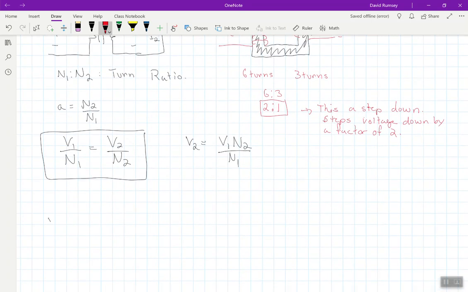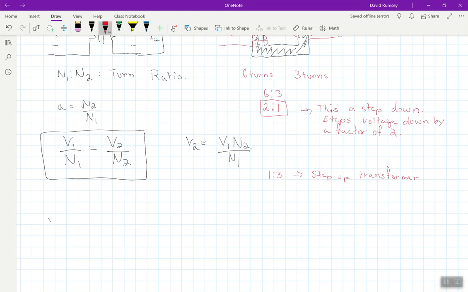Now, on the flip side, if we had something like a turn ratio of 1 to 3, this would be a step up transformer. And if you had an input of 10 volts, it would output 30 volts.